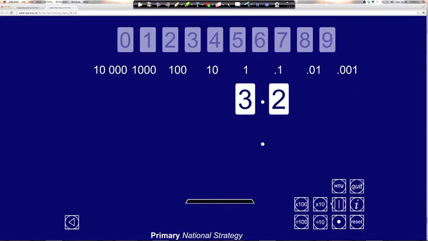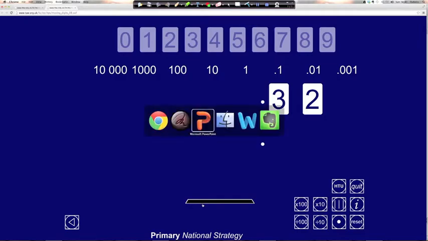If I want to divide by 100, you can see my 3 was here and my 2 was here, so it's moved 2 places to the right, and the same thing with the 2. It went from the units column and it's moved 2 places to the hundredths column. So that's just so you can see what I was talking about previously.